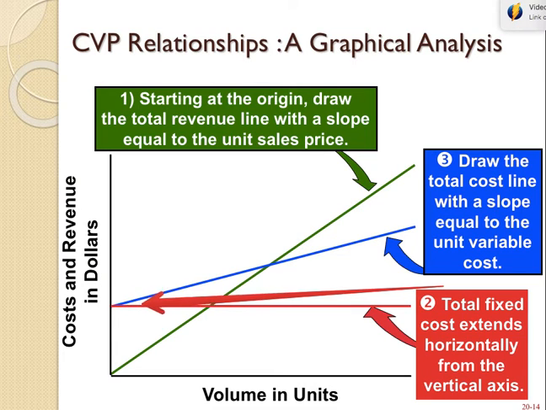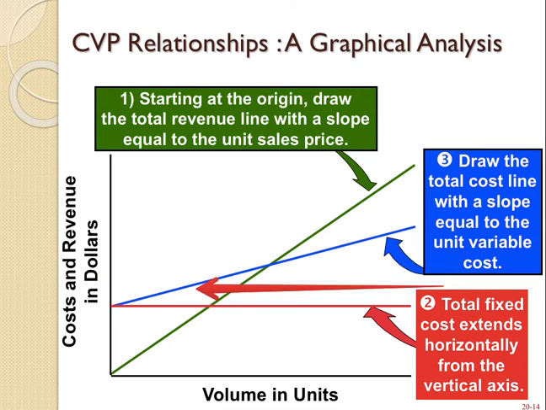And our variable costs, as you can see, are going to increase as our volume increases. Because again, this is things like direct material, direct labor. The more you make, the more materials, the more labor you need. So those are variable. They're going to increase as your volume increases.